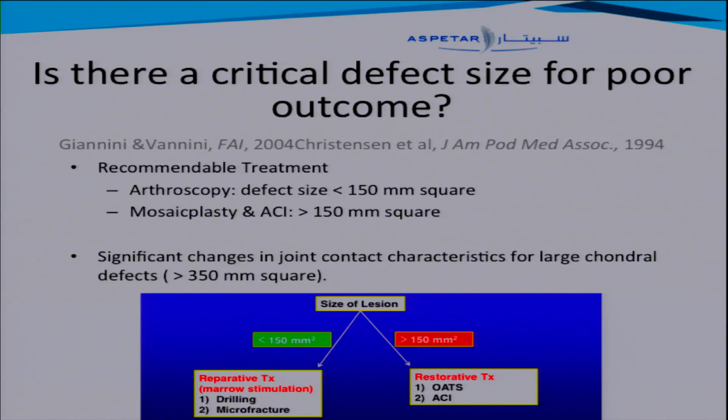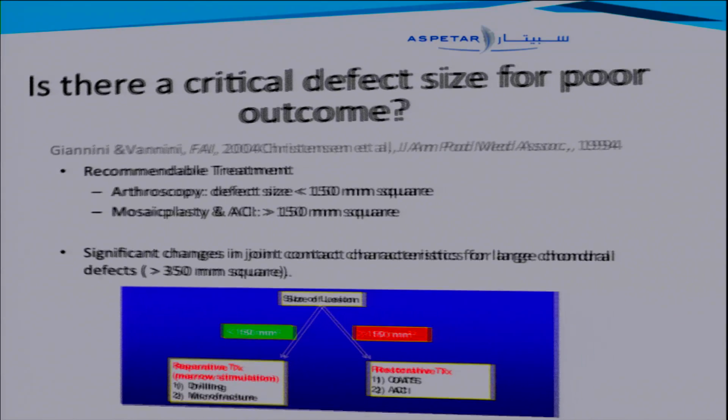So that's our cutoff. But significant changes in joint contact characteristics for large chondral defects are there, and it's stated in the article that it's above 350 square millimeters, but we tend to believe it's less, starting from 200, 250 square millimeters.